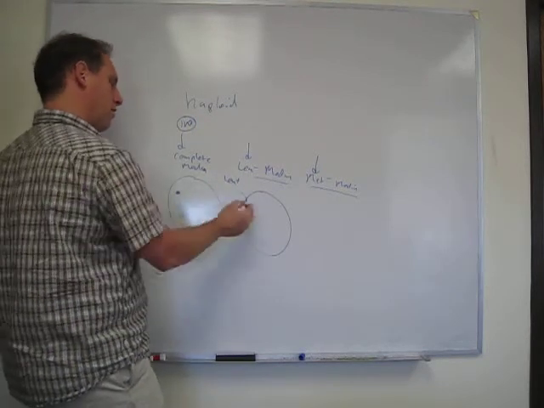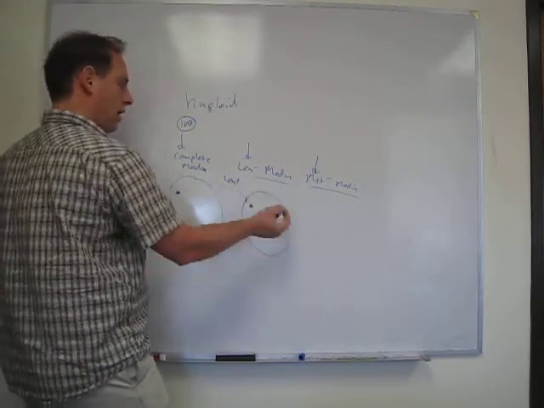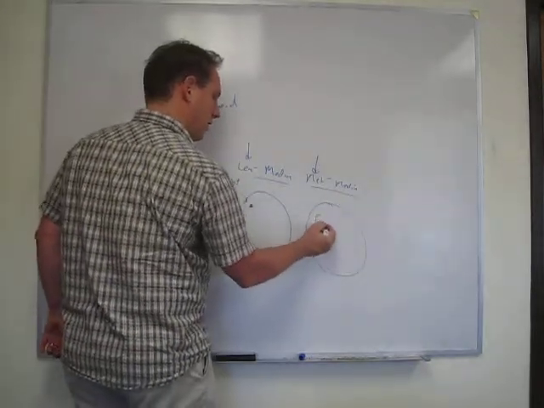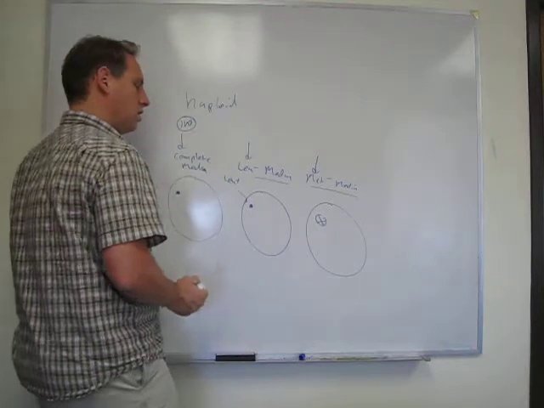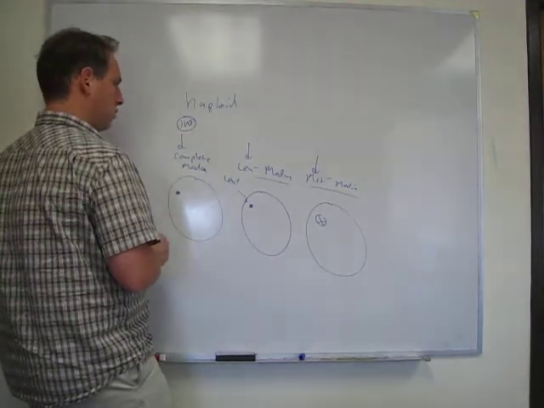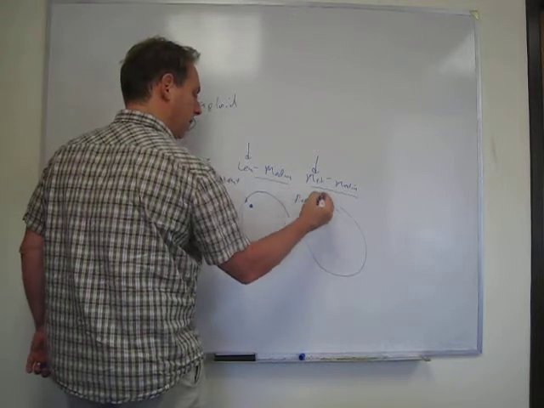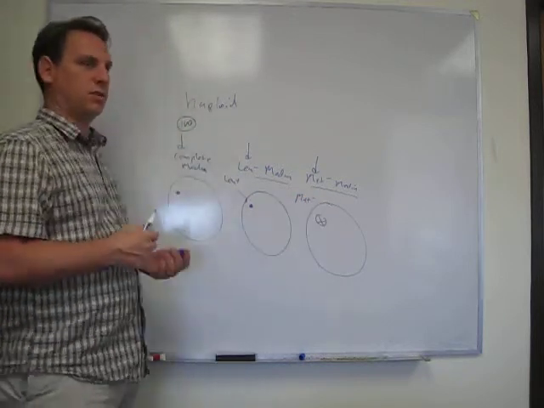Right? But if that same one, copied from this complete media to met minus media, is unable to grow, right? So we would say that this particular spore that came out of that particular tetrad would be met minus. And that would basically be how you do your genotyping.